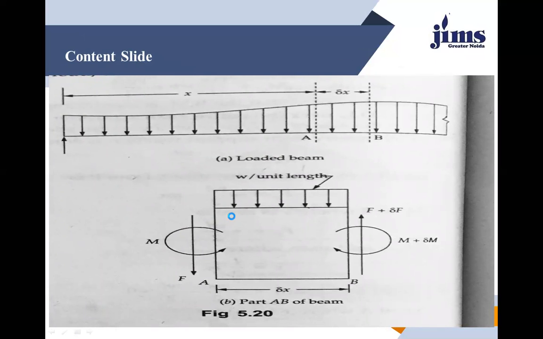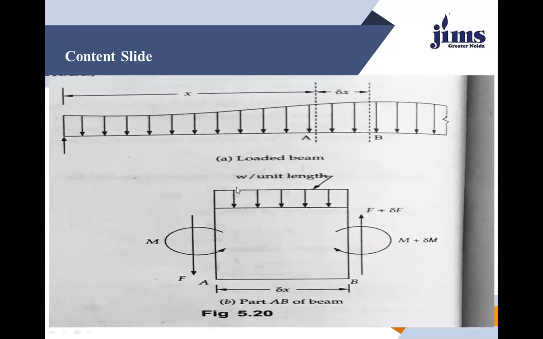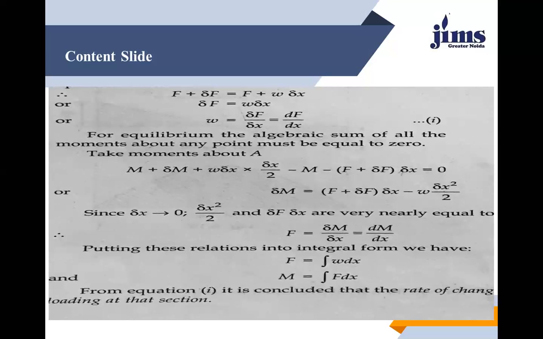So M plus delta M plus w into delta x into delta x by 2, that is the moment due to the UDL, minus M minus (F plus delta F) delta x, that is the moment due to the shear force, is equal to 0.